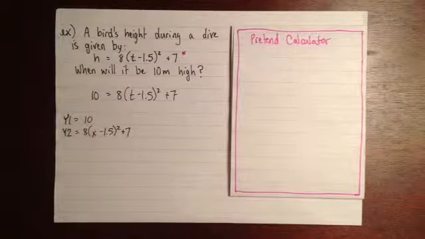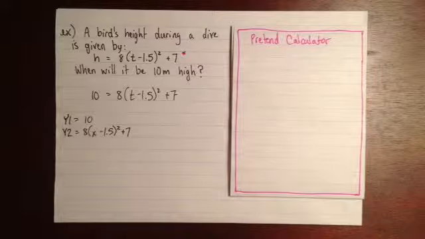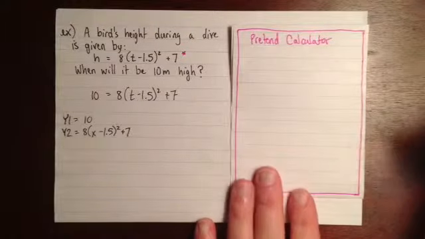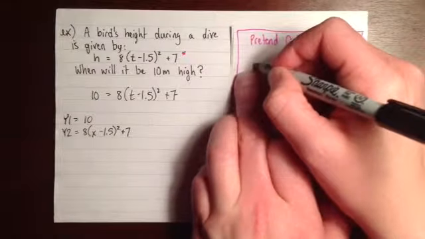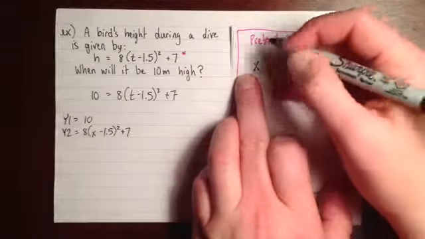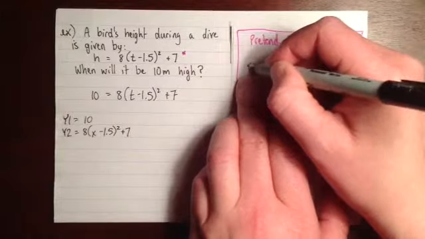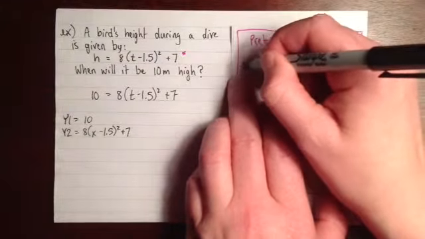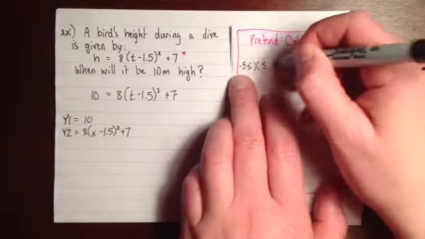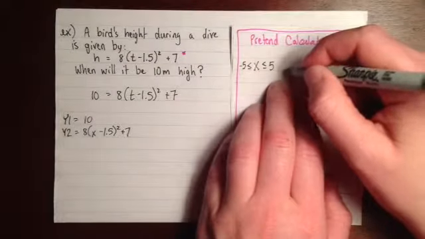So you can press graph. If you have any questions about the window settings on this one, we want to know when the bird's 10 meters high. You can play around with this a little bit. If x min and x max are from maybe negative 5 to 5, that works.